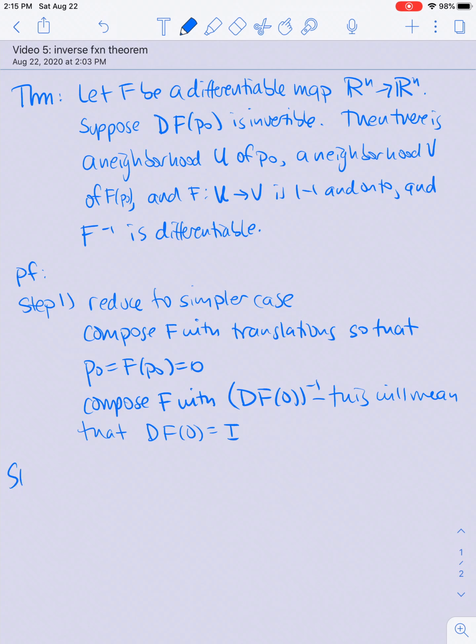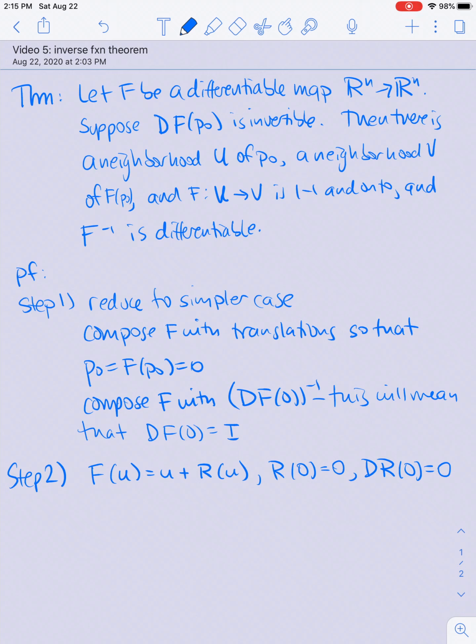Okay, so now let's set up our proof. So by step 1, we can assume that f at any point u is just equal to u plus r of u, where r of u is some function such that r of 0 is equal to 0, and dr at 0 is also the 0 transformation.